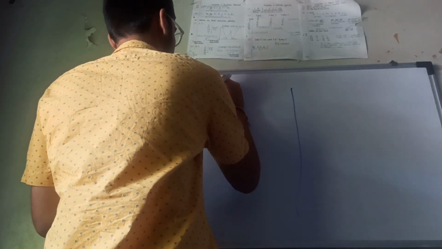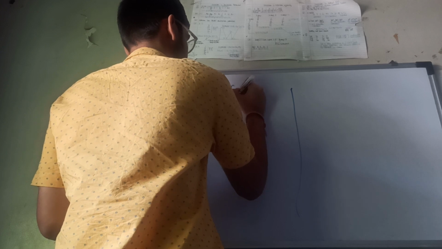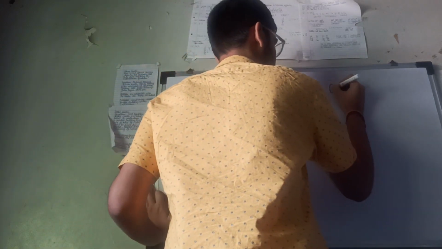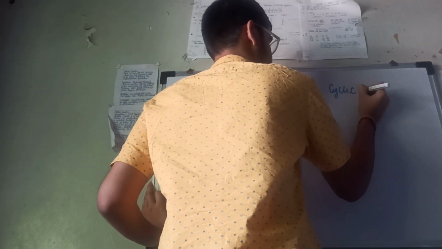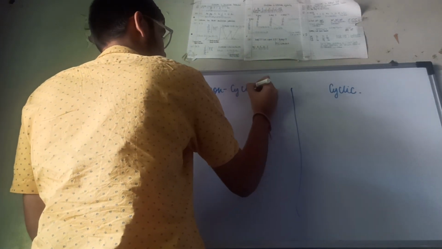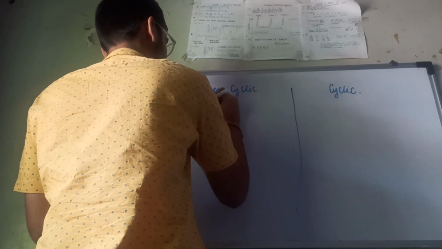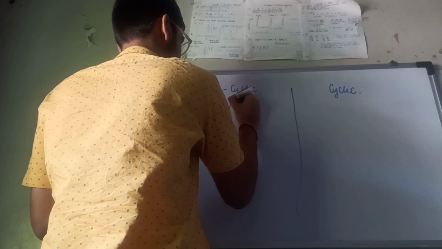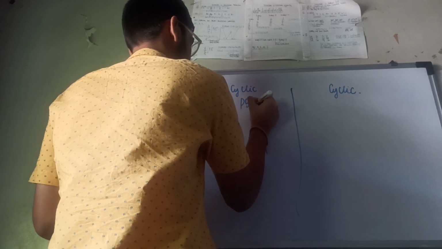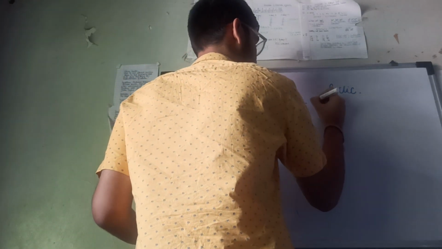You tell me the points for it. Separating non-cyclic here and cyclic here. So in non-cyclic you can see both PS1 and PS2, but in cyclic only PS1.